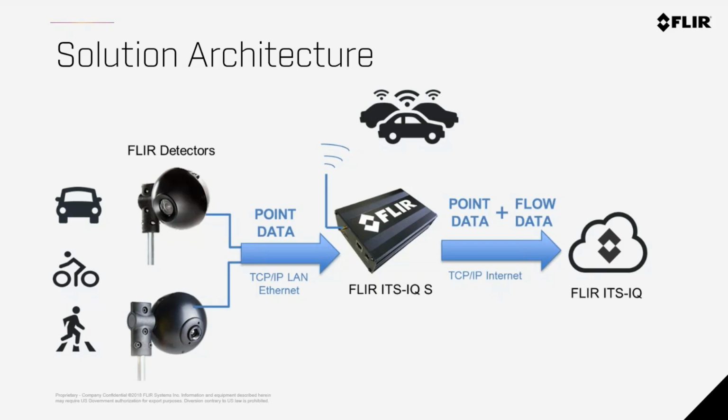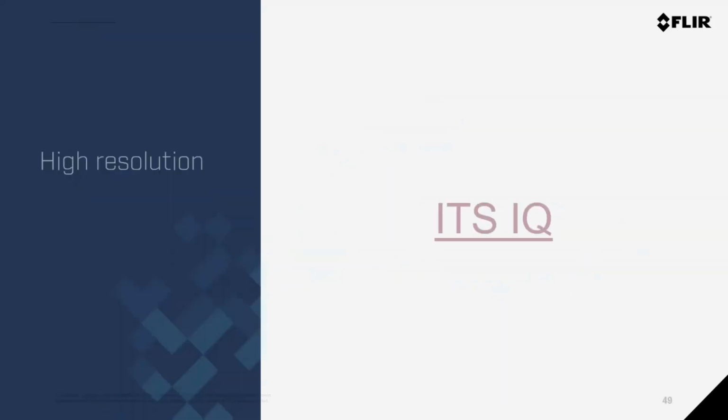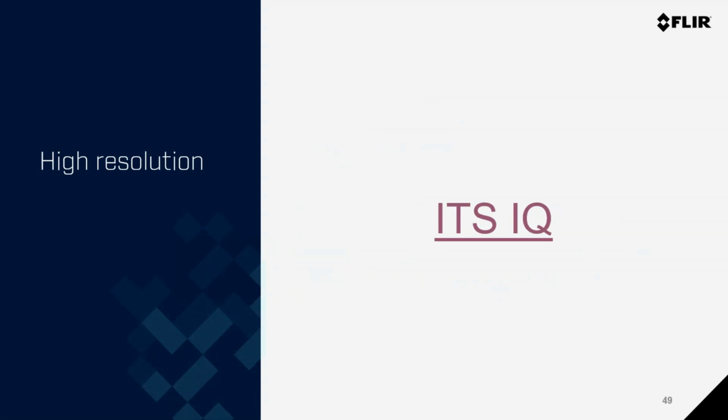I will just give you a short preview of how it would look in the cloud. I will not be able to go into detail because otherwise I'm going to run quite a lot over time.